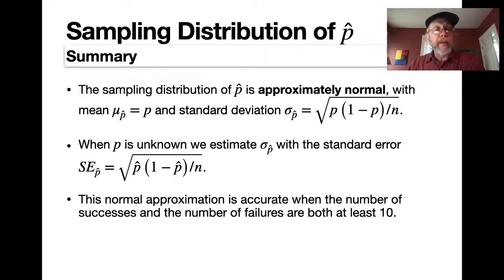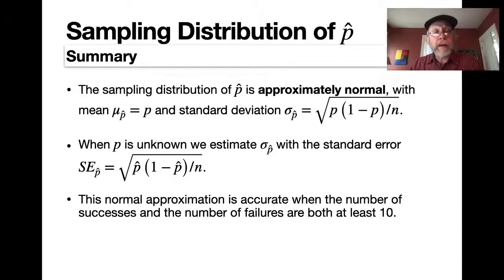And this normal approximation for the sampling distribution is going to be accurate just in case you have at least 10 successes and 10 failures in your sample. So as long as you meet that criterion, it's safe to use this normal approximation for the sampling distribution of p hat.